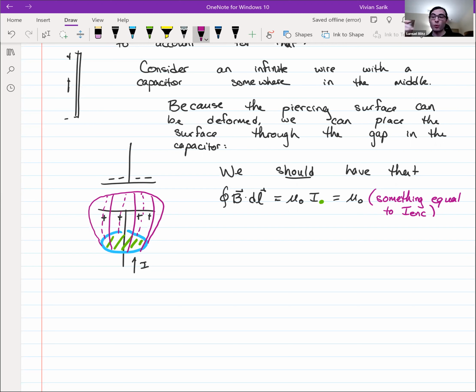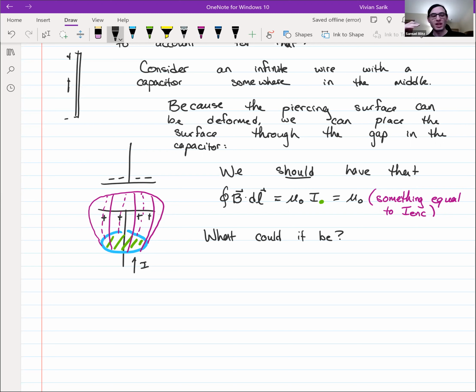So the question is what could this stuff be so that if we had chosen the purple surface instead of the green one, we get the same answer? That's what we need. It turns out that there is something happening in the region where the purple surface is passing through, right? We know that because there's current flowing into this capacitor, there's charge being built up on that capacitor.